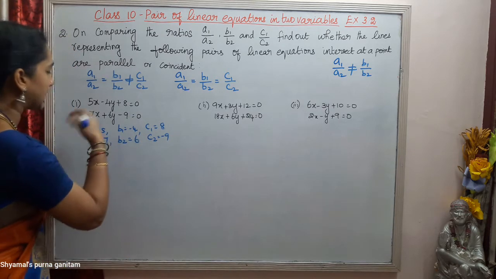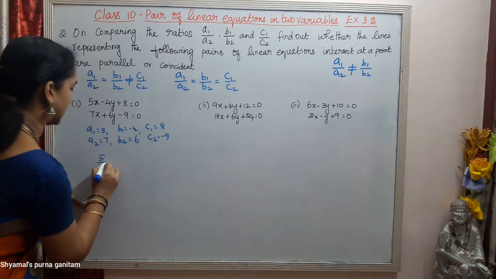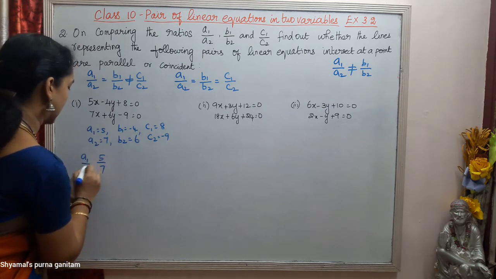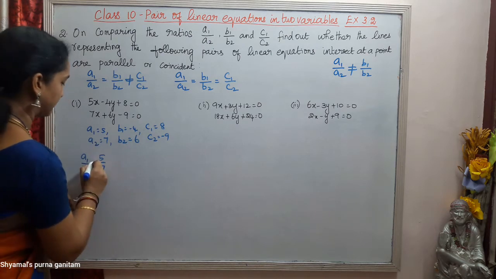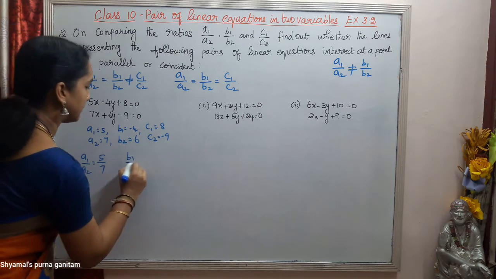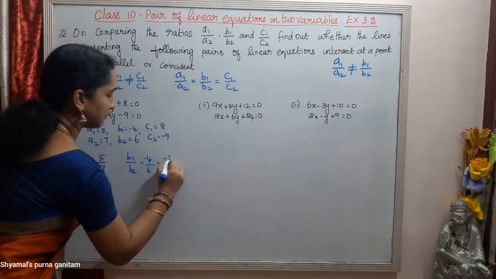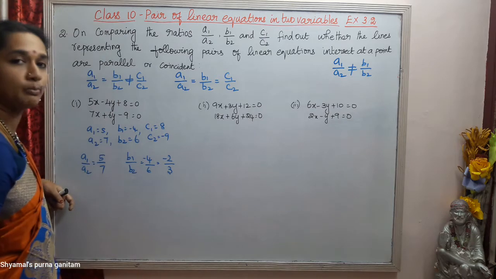Now when we compare the ratios, for A1 by A2 we are getting 5 by 7. B1 by B2 is minus 4 by 6, which simplifies to minus 2 by 3.